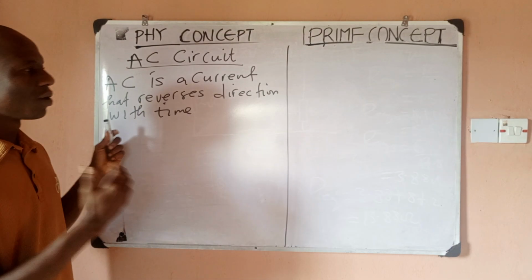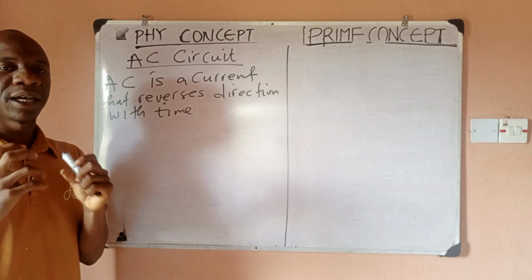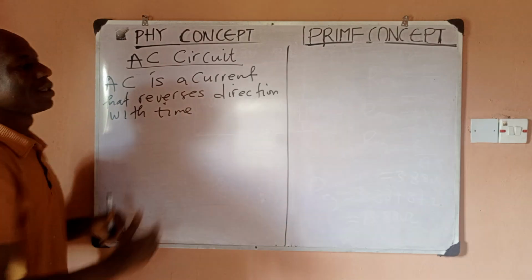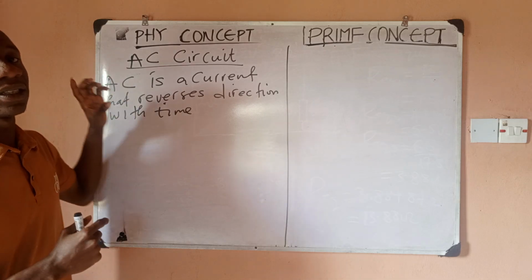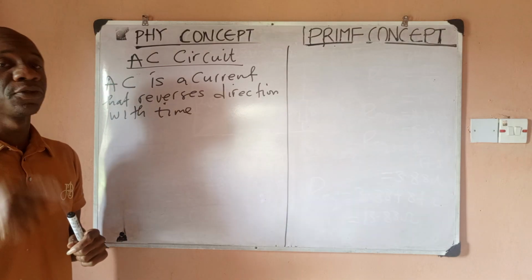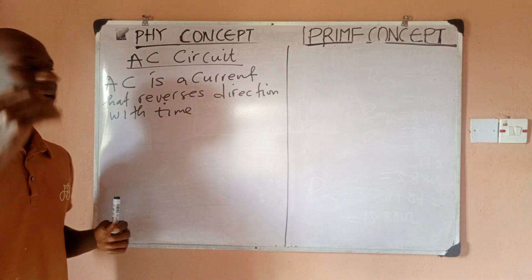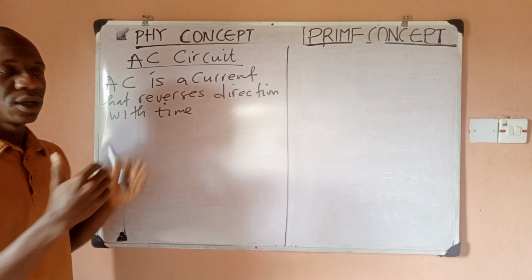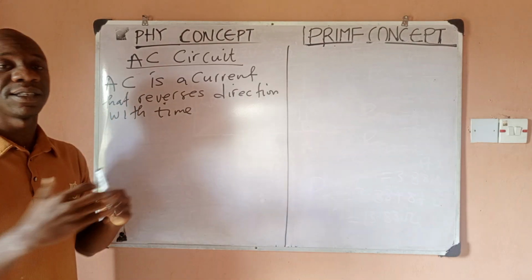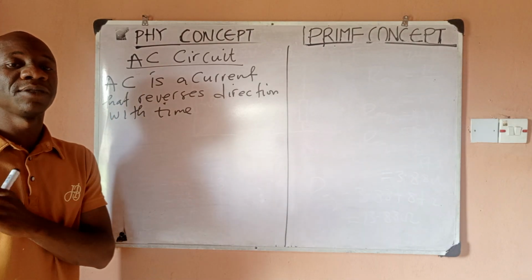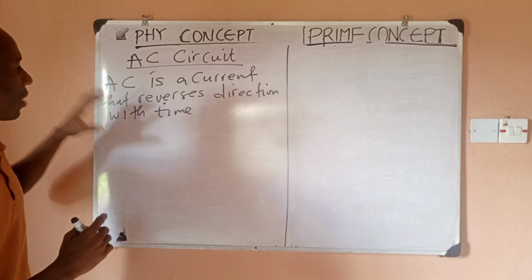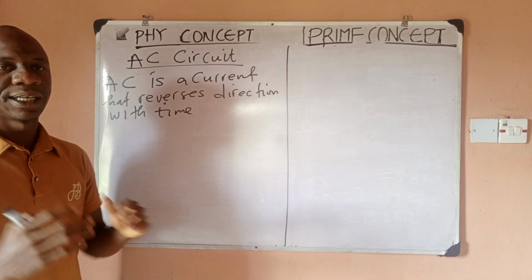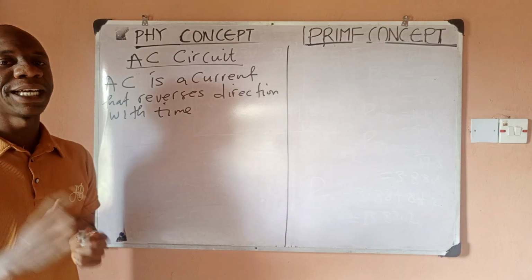And if we are to denote this, we can use a waveform to denote the AC alternating current. Meanwhile, when we talk about alternating current, it includes voltage. These two things are signals. So when we mention alternating current, it also applies to alternating voltage, because both of them are alternating signals. So an AC current can be denoted by a waveform.